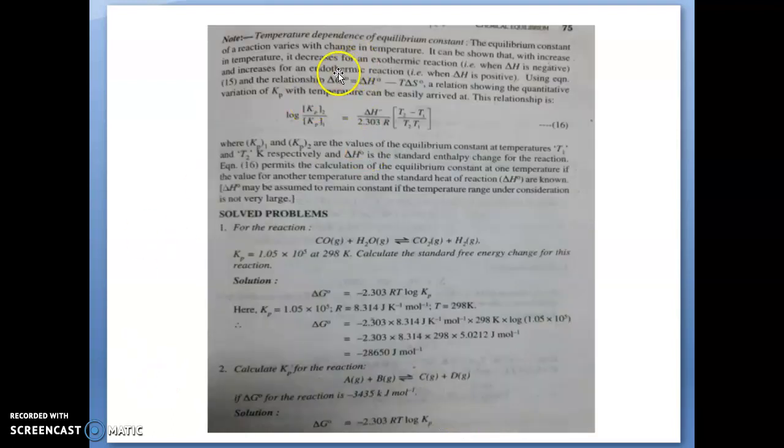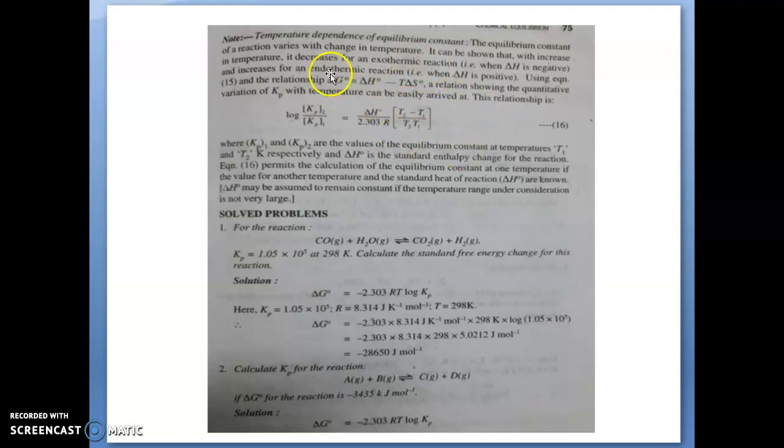Then we know that delta G0 is equal to delta H0 minus T delta S0. So minus RT ln Kp is equal to delta H0 minus T delta S0, so RT ln Kp will be equal to minus delta H0 plus T delta S0. We can rewrite this as ln Kp is equal to minus delta H0 by RT plus delta S0 by R.